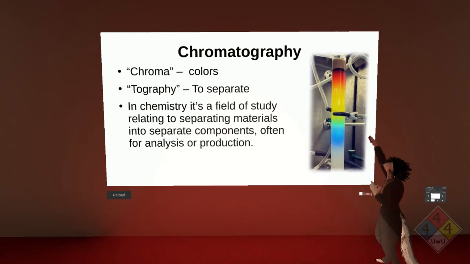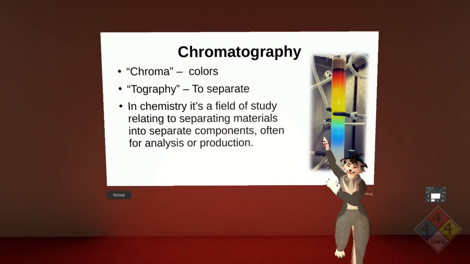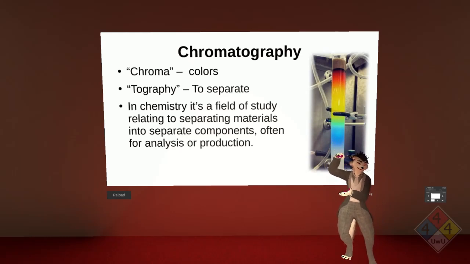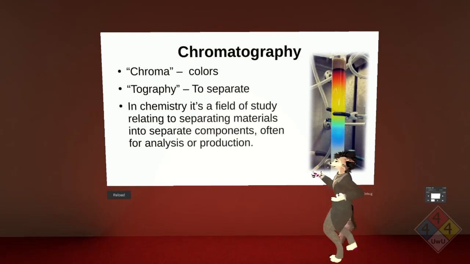And here we have a really beautiful packed column. It's very rare to have such vibrant colors in chemistry, but this is the term made literal. We're separating out from a single solution the many different elements by some principle that's affecting them.